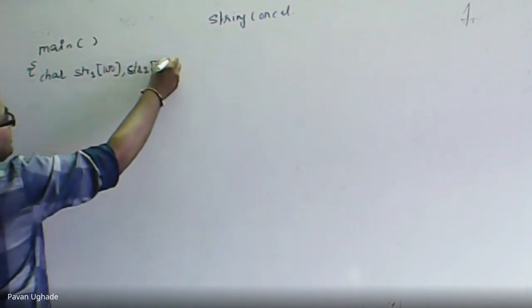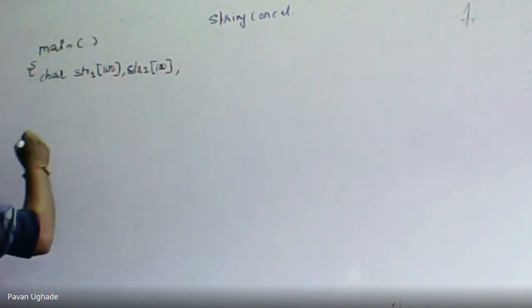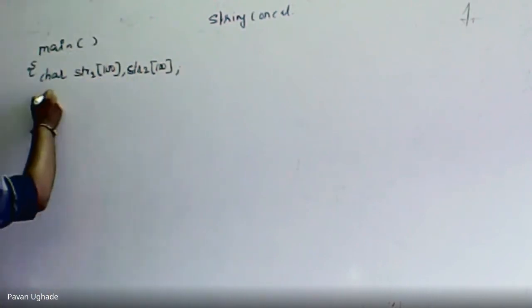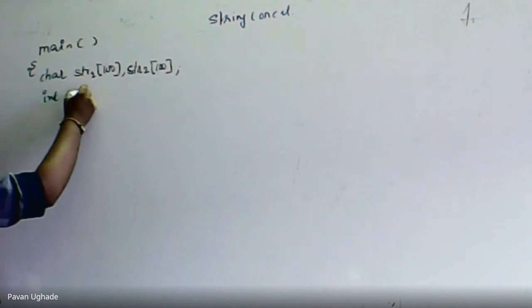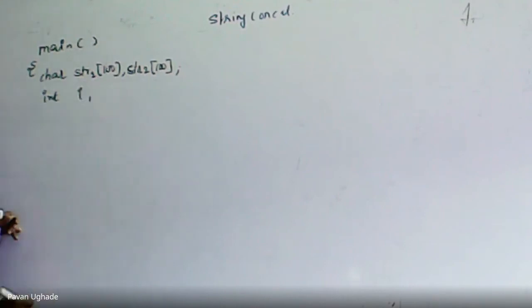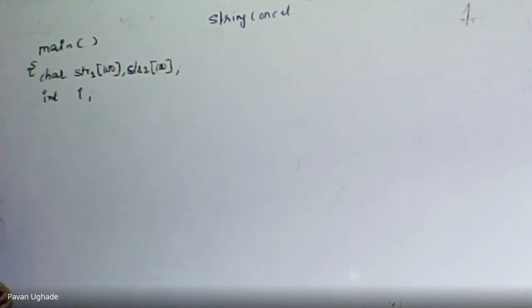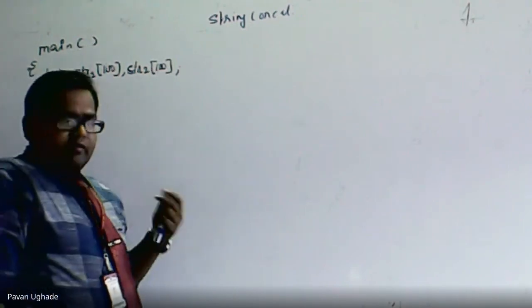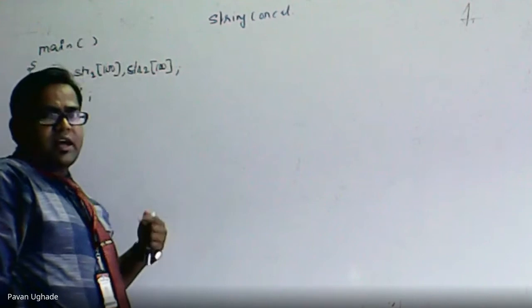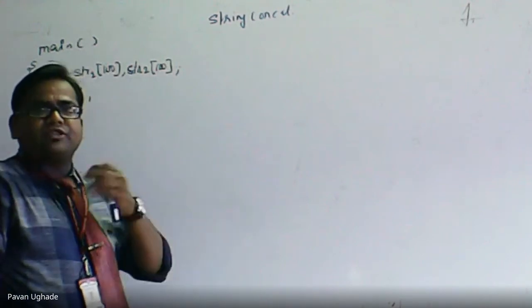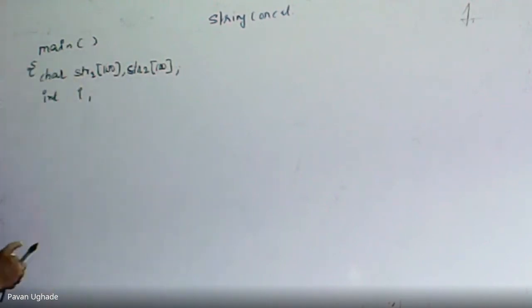Along with this we require an index variable, so we'll consider i. If we need more variables, we'll keep adding as the program proceeds. We'll be reading the strings str1 and str2. The maximum size we have considered is 100.